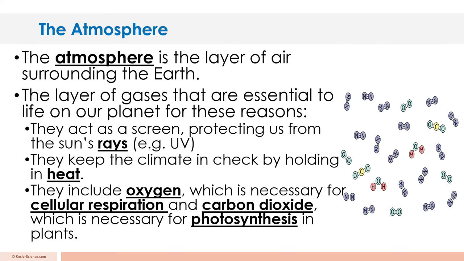They keep the climate in check by holding in heat, so they're going to keep us warm. They include oxygen, which is necessary for cellular respiration, so for our cells to live, and carbon dioxide, which is necessary for photosynthesis in plants. And we'll see how those two things are really closely related when we discuss the next sphere.